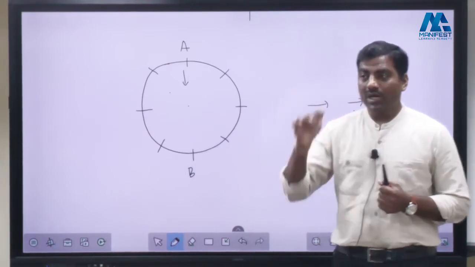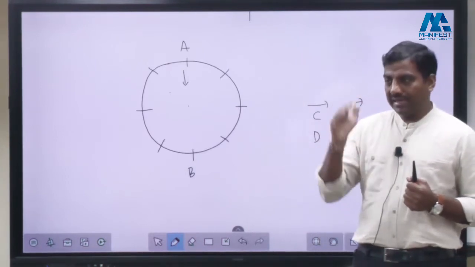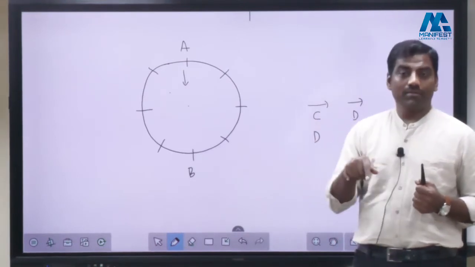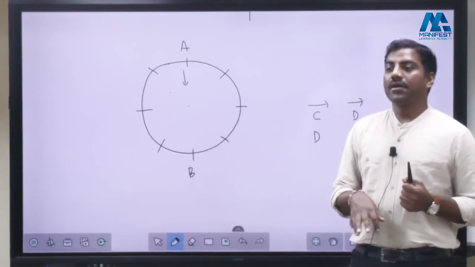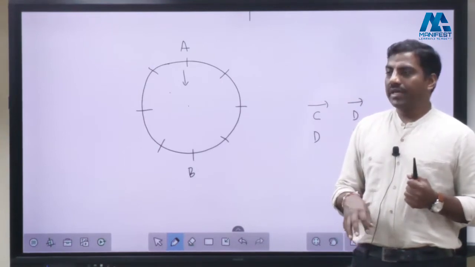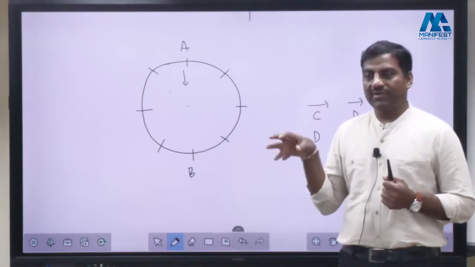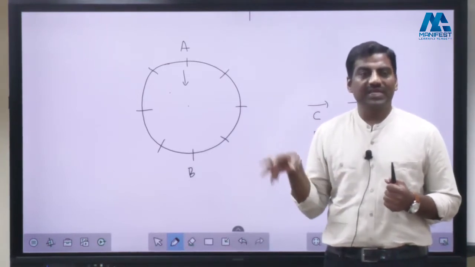So the practice here is: go one by one, statement by statement, and draw whatever is possible. Again come back and read them. And don't assume anything here. Whatever the author or the examiner has given, that is the final thing.